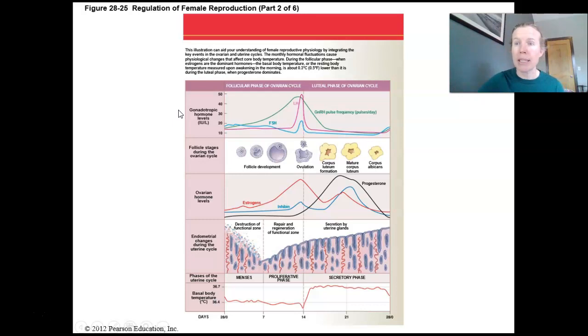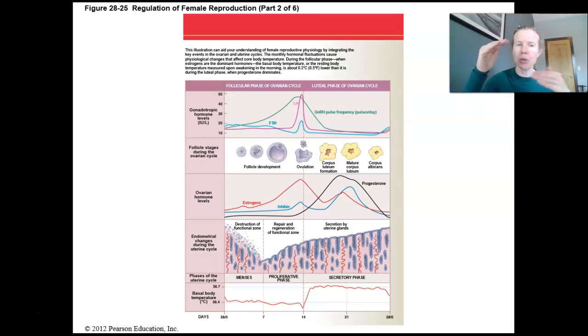So what we're going to see is in the brain, so in the hypothalamus and then the pituitary, we're going to have changing levels of hormones. And what we want to do is look at how that influences the follicle. And the follicle, in response to those brain hormones, is going to produce its own hormones, right? So we see things like estrogen levels rising. And then these hormones, the ovarian hormones, are going to have an influence on the uterine lining.